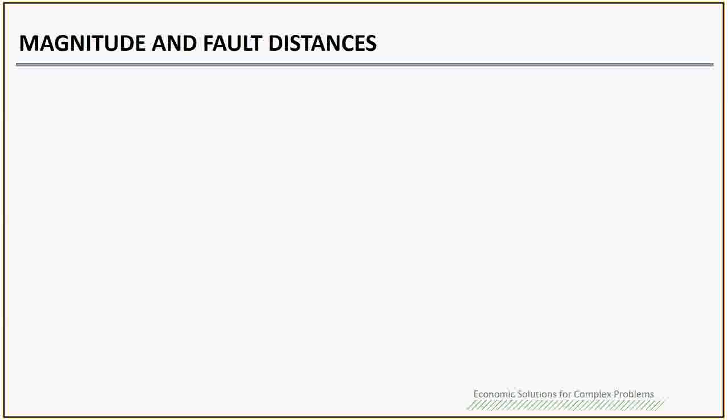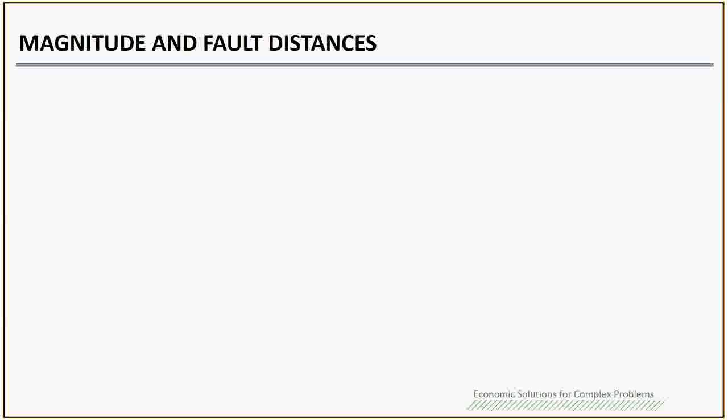After that, you need to find earthquakes with a similar magnitude and fault distance associated with the MCE bedrock spectrum at the project site. Typically, there are no recorded earthquake events near the project site.